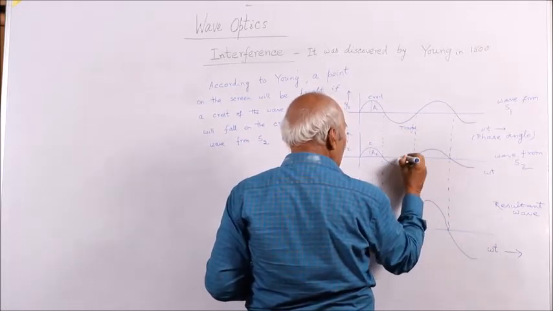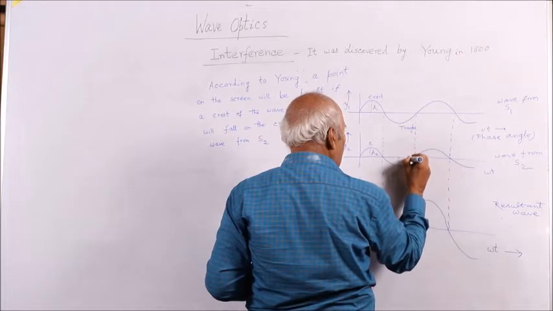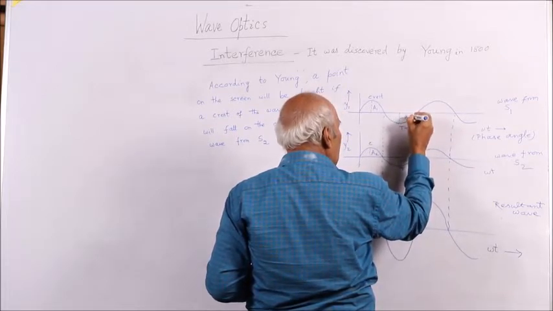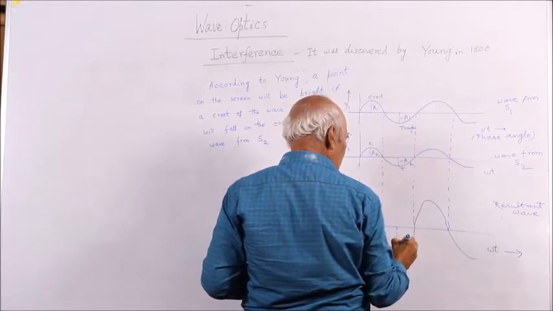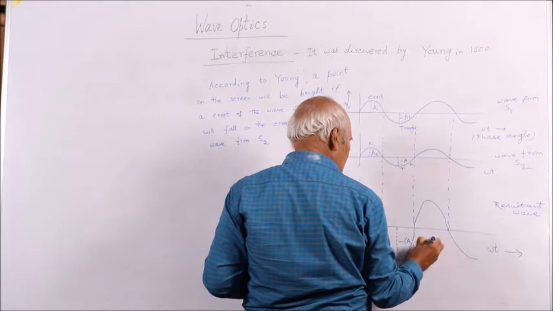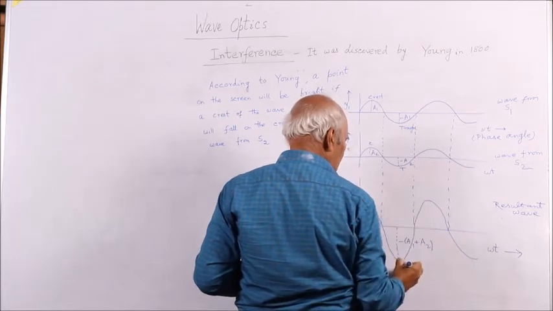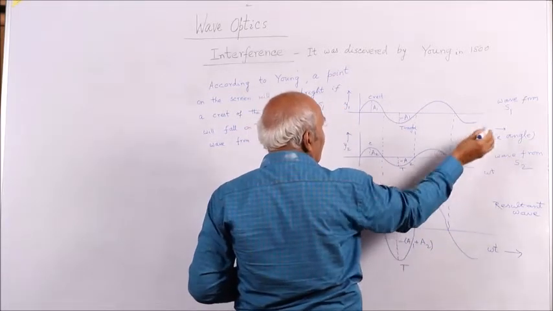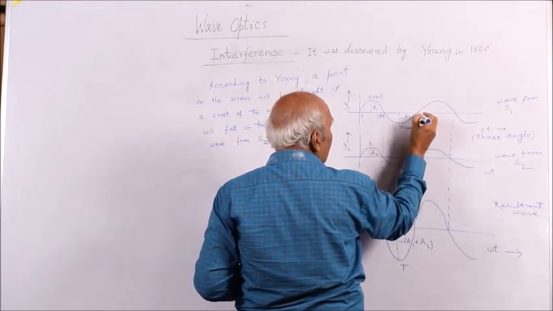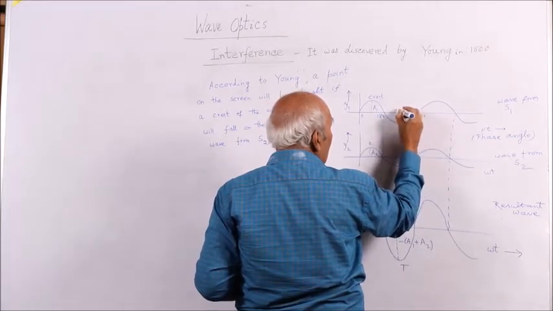Here there is trough, minus A2, minus A1. So, they also add up like this. This is trough and this phase angle like this 0, 180 degree, it is 360 degree.